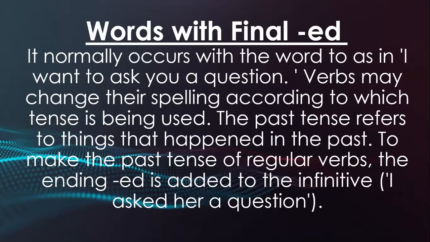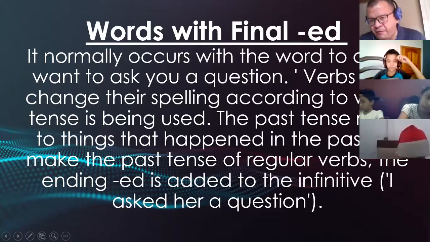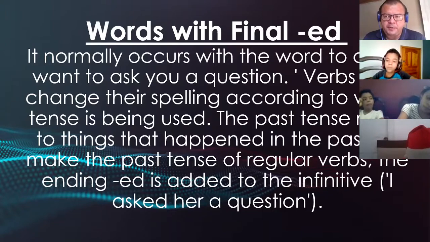Okay, what is the meaning of that? Very easy, people. When you add ed to a word, a verb, or an action, it's because the sentence is going to be in past. Always the words that have ed are regular verbs, right?